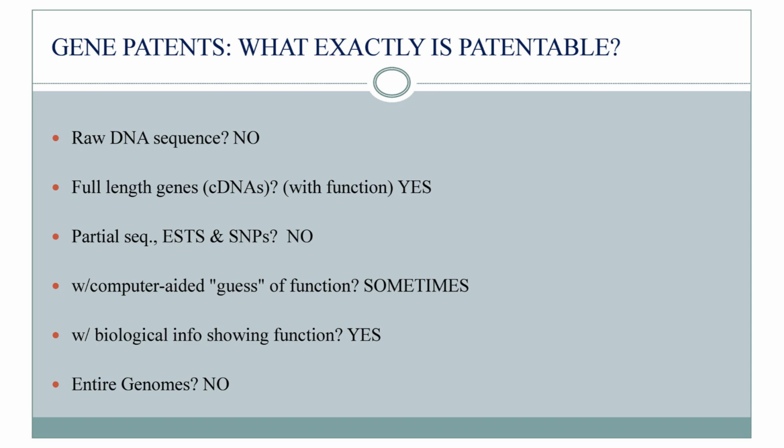The answer is sometimes. With biological info showing function? The answer is yes. Entire genomes? The answer is no. This is one of the most important concepts in this chapter. Students often get confused between these categories, so remember, function-proven full-length genes are patentable, but raw sequences, partial sequences and entire genomes are not.